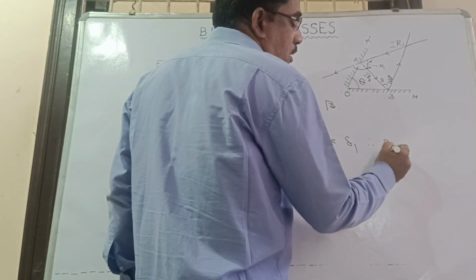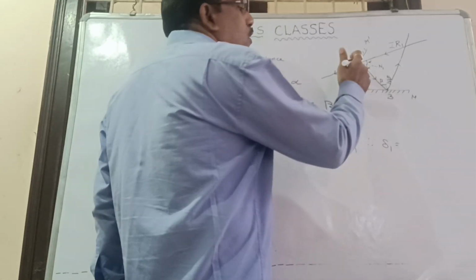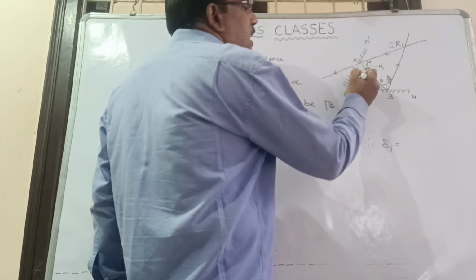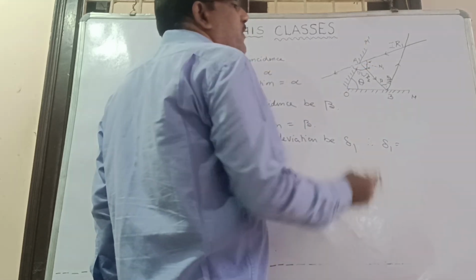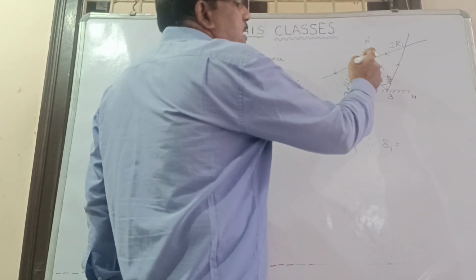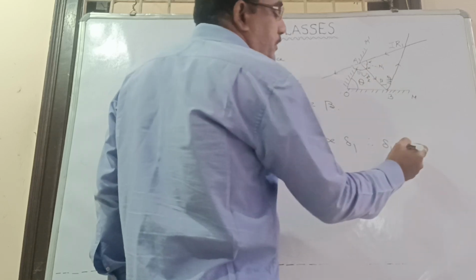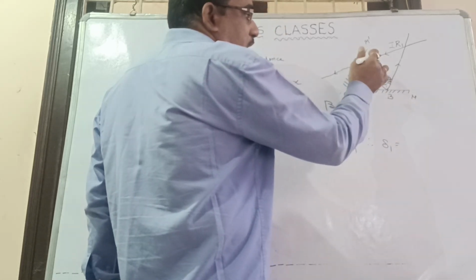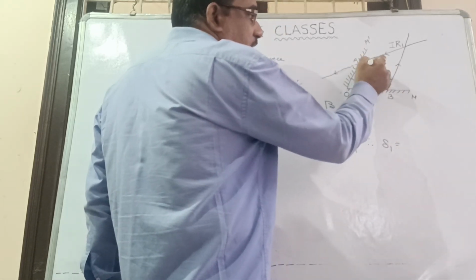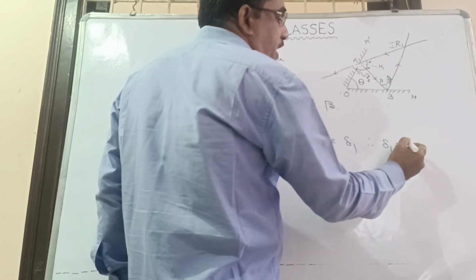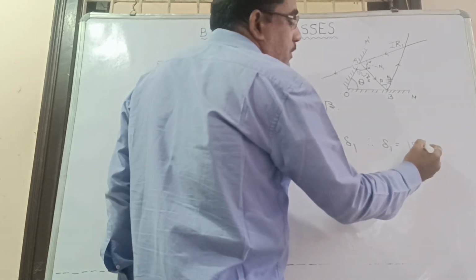Then what is the value of delta 1? This is 90 minus alpha. You know that delta 1 value is 180 minus 2 alpha.